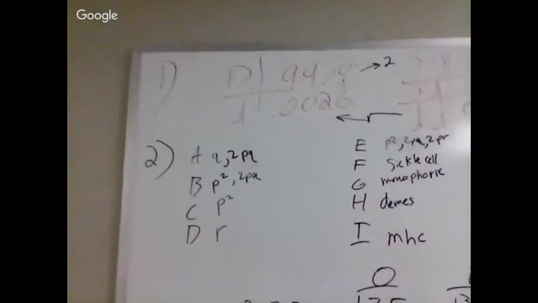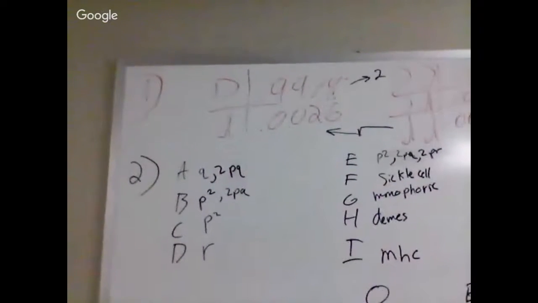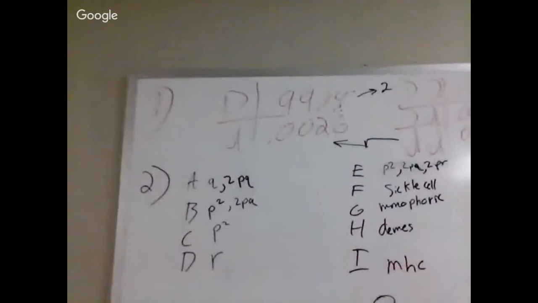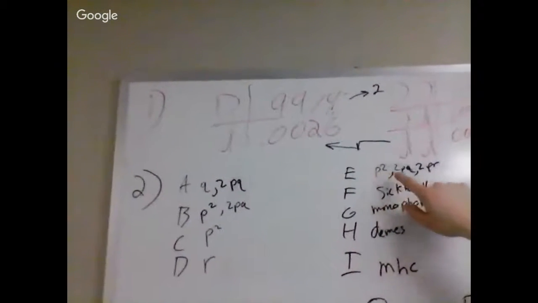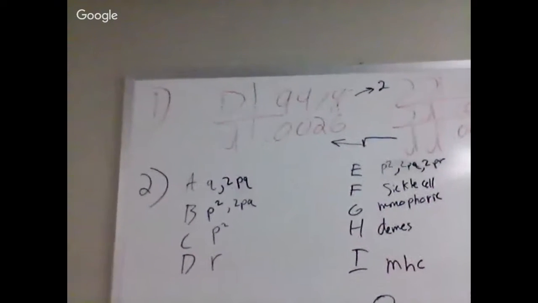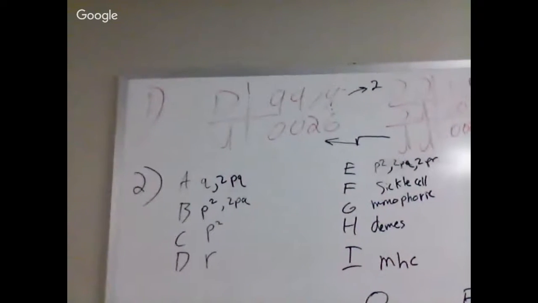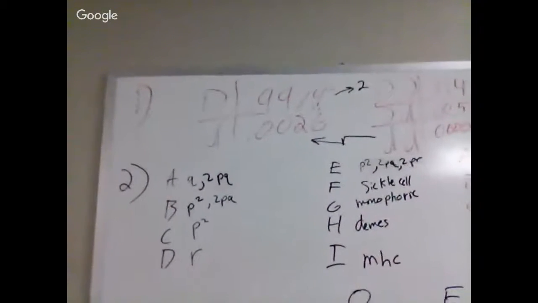For E, this question refers to the situation presented in D. The terms p squared, 2pq, and 2pr in the Hardy-Weinberg equation can represent the genotype of a duck with restricted plumage.